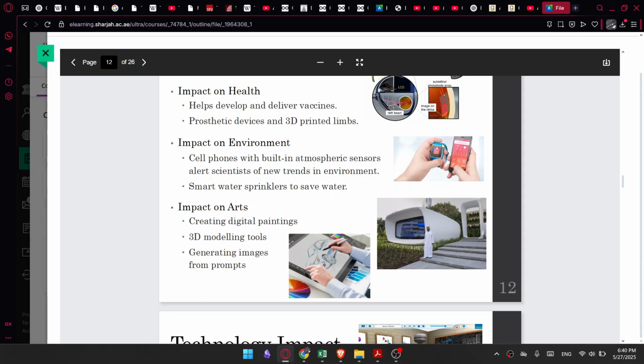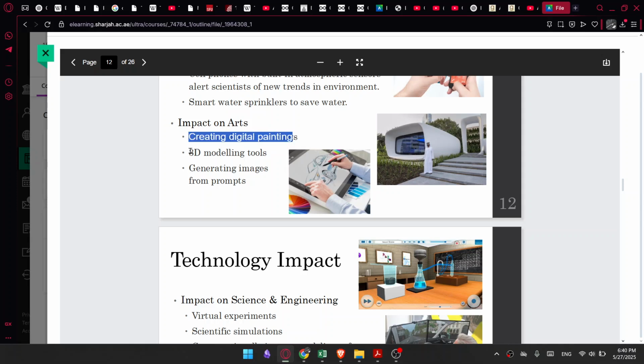For example, phones and smart watches now have built-in atmospheric sensors that help us to know the weather, the temperature, the humidity, anything related to the environment. So it has impact on the environment and also on art, creating digital painting, 3D modeling tools, generating images from prompts.